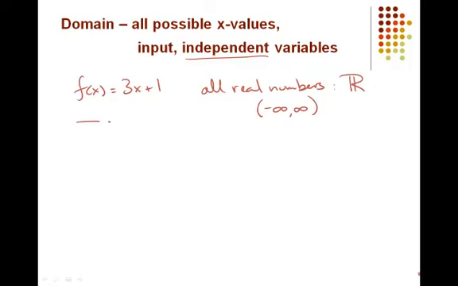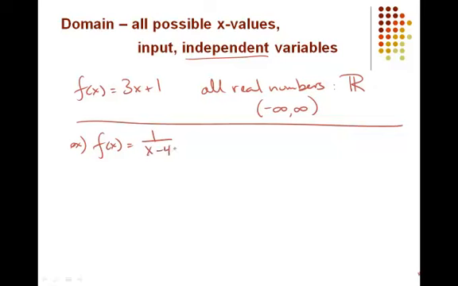So let's look at one where there is a restriction on the domain, where the domain has to be defined. For example, f of x equals 1 over x minus 4. In this case, x cannot equal positive 4 because that would give us an undefined value. When we plug it in, we would get 1 over 4 minus 4, which is 1 over 0.